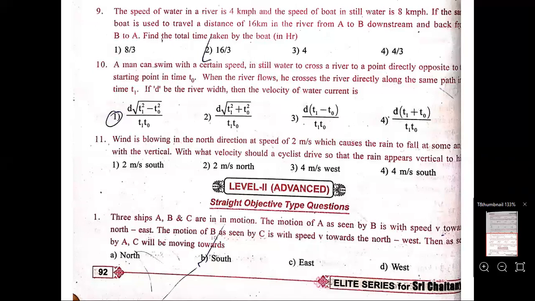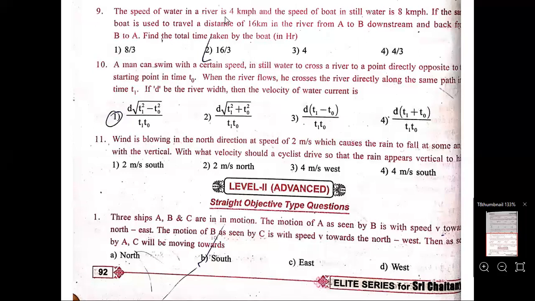So velocity of B as seen by C is equal to V, northwest. Then as seen by A, C will be moving, so velocity of C with respect to A. Then as seen by A, C will be moving towards which direction?